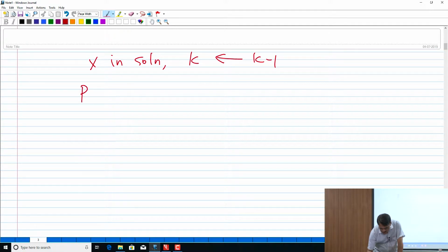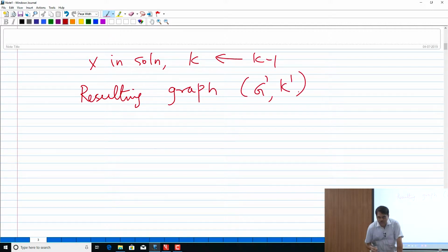So I have G prime, k prime. What is the property of G prime? We did some rules to simplify it. So what? Sorry, I didn't get it.